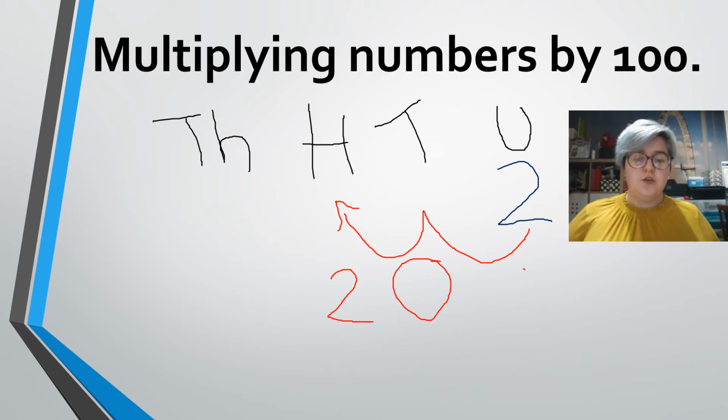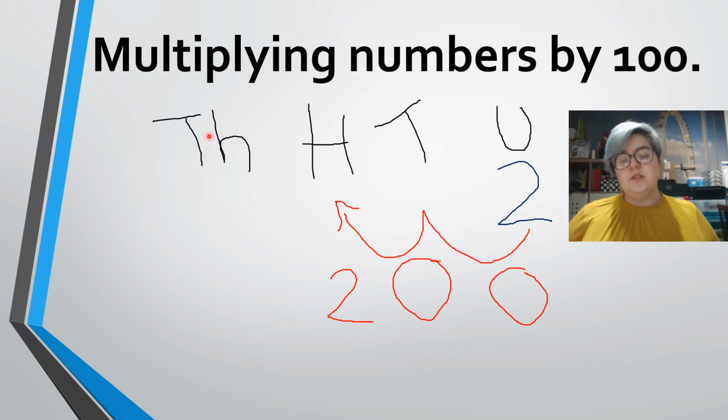There's nothing in the units or the ones, so we have to add a 0 there. Because we're multiplying by 10 and 10 again, the thousands column is 100 times more than the tens column, and the hundreds is 100 times more than the units or the ones column.